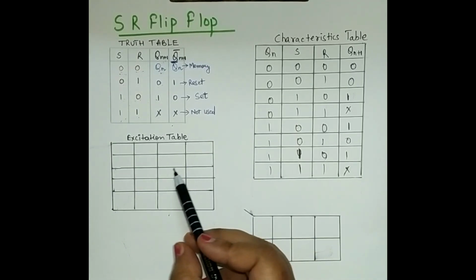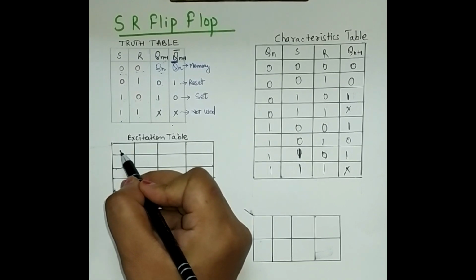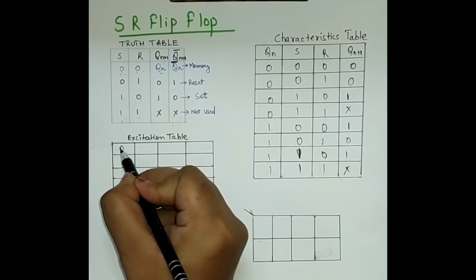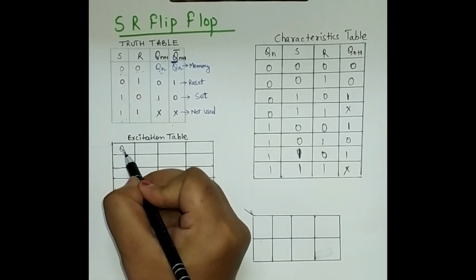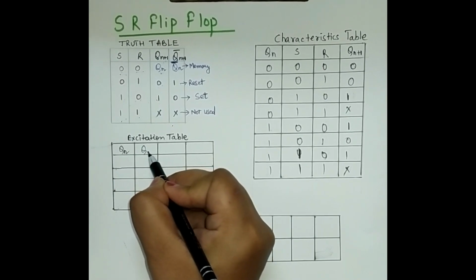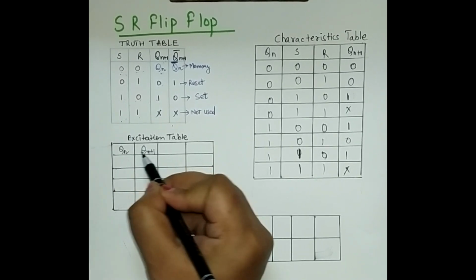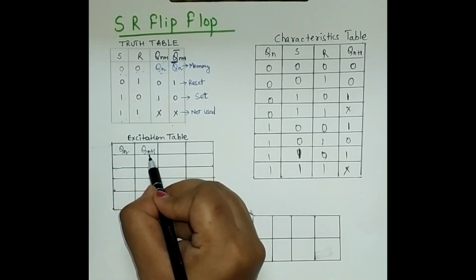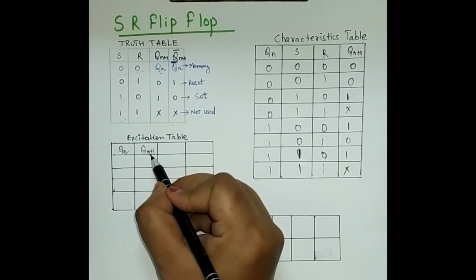So let us write down the excitation table. What are my outputs? Qn, and Qn plus 1. This is my previous state, or present state, and this is my next state.